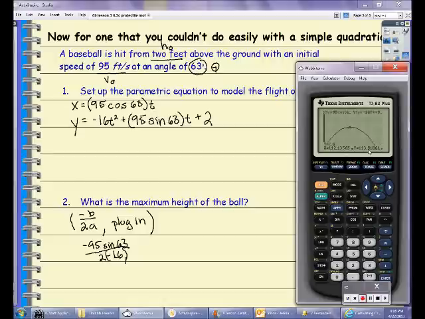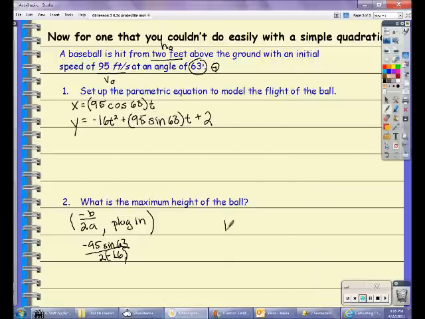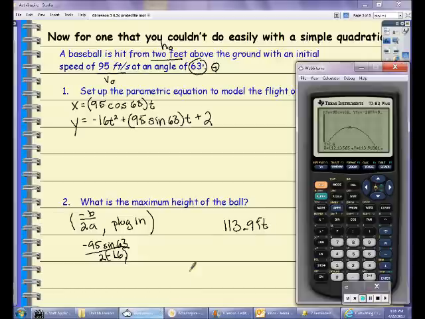So the maximum height of the ball is 113.9 feet. Now if we go back to our calculator, we see that 112 is how far it has gone horizontally at that point, and 2.6 is the time elapsed since hitting the ball at that highest point.